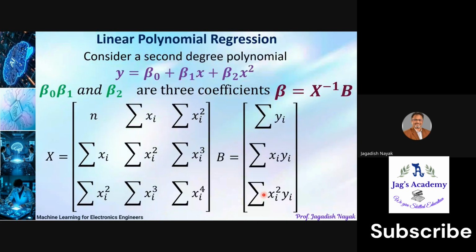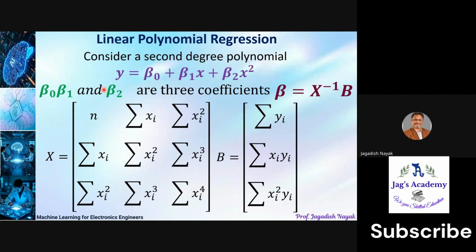Now, how do you find this beta value? It's very simple. We are not going to derive this here, like we calculated beta values for others. Here also you can calculate the beta value. Suppose, I cannot take it till n, so let us restrict it to a very small matrix. So your polynomial equation is y is equal to beta naught plus beta 1 x plus beta 2 x square.